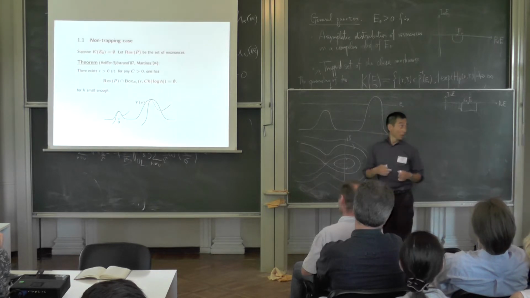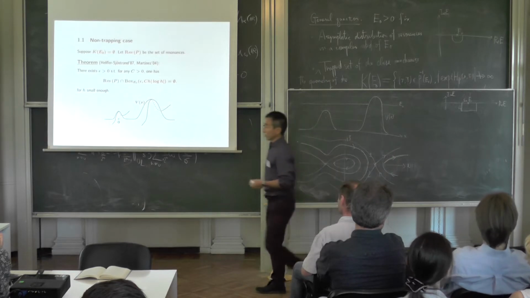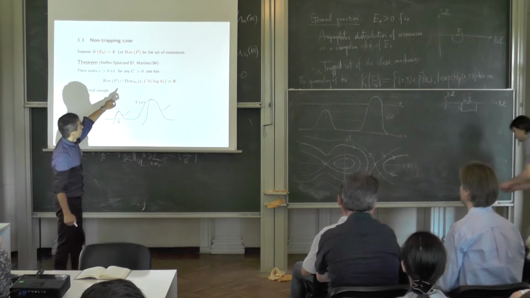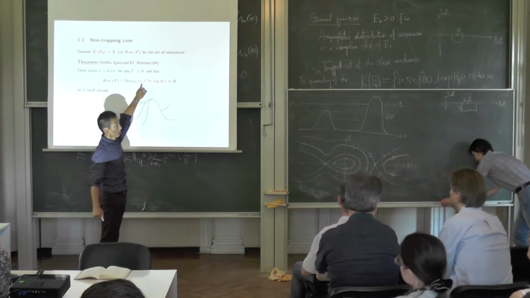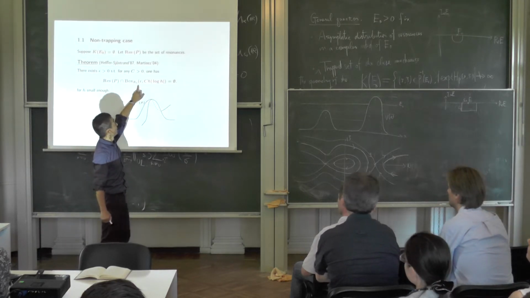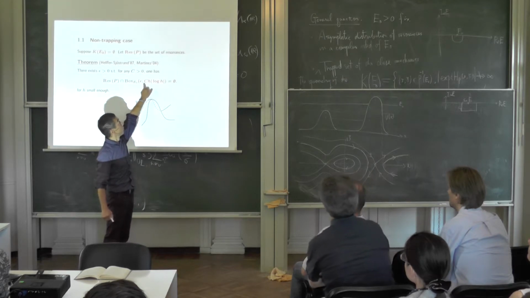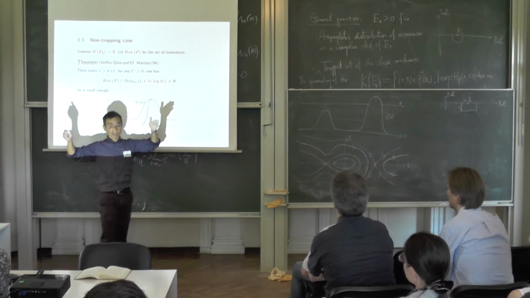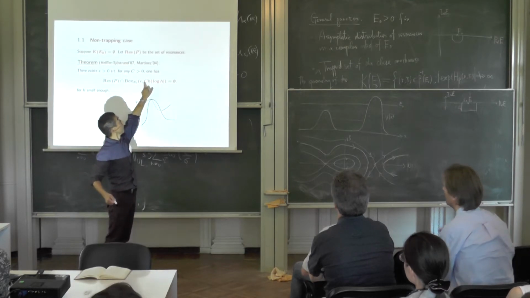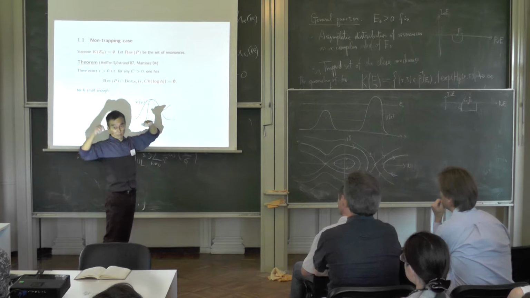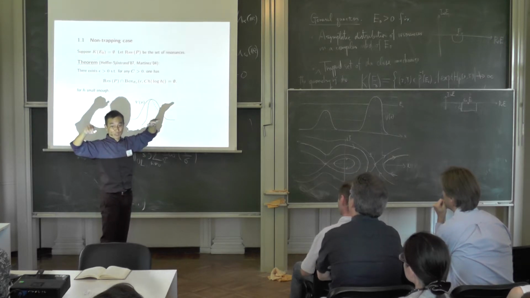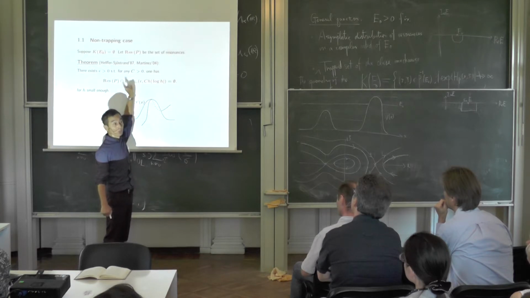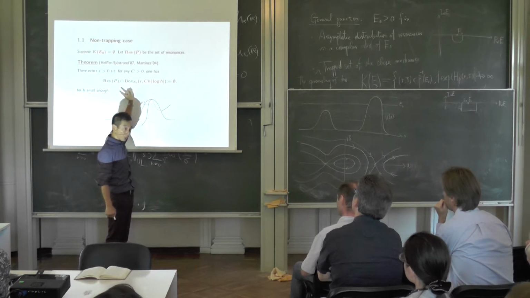And a very basic result is that if you look for resonances in such a rectangle, with epsilon for the real part and C h log h for the imaginary part, for any C, then you don't find any resonance if E0 is a non-trapping energy.